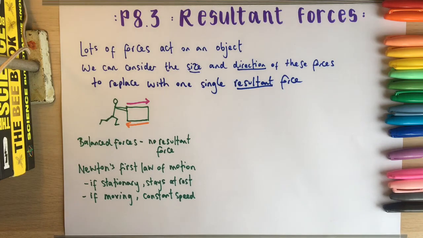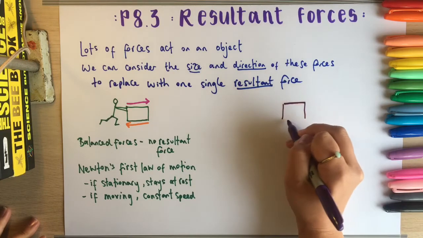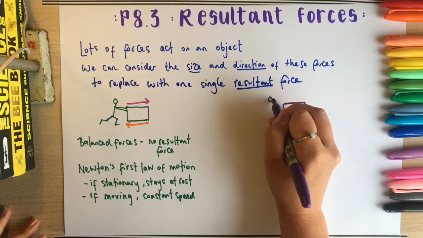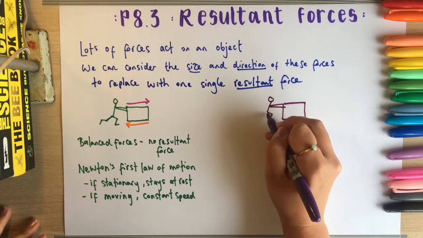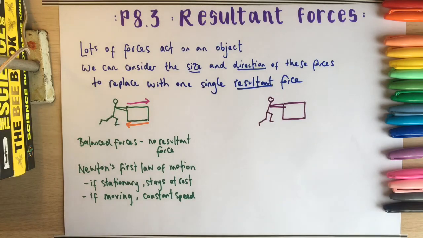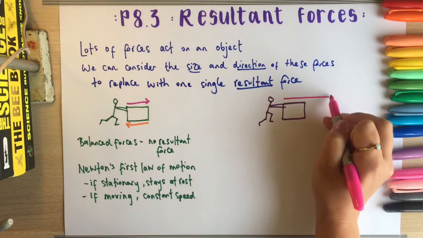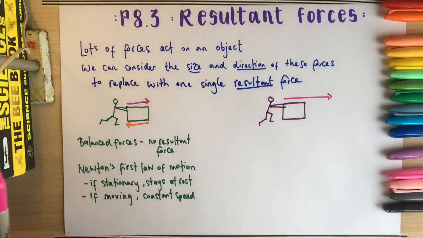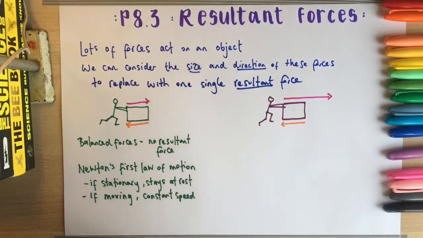So now if we think about unbalanced forces, so let's have our box and our person pushing. Okay, so now they're going to push and they're going to be pushing more. So the forward force is going to be bigger, but the friction is going to be the same.